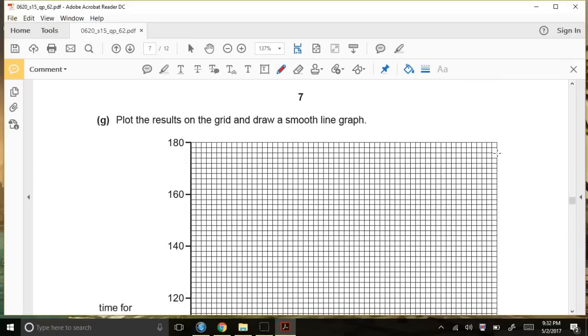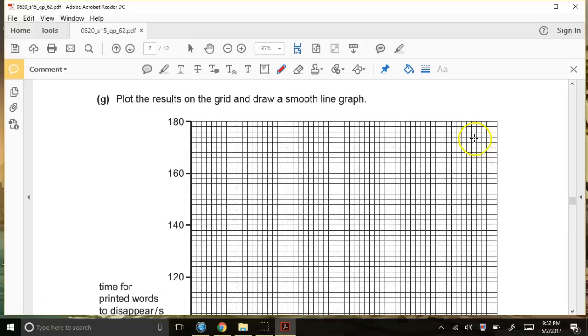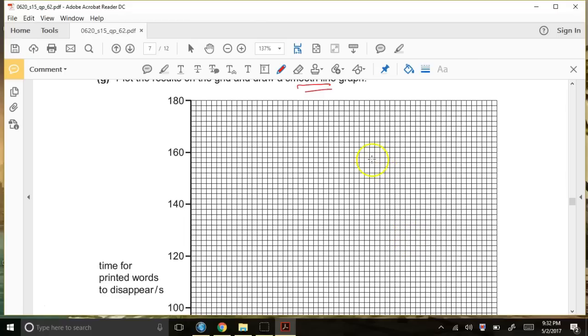Okay, plot the results on the grid and draw a smooth line graph. Please be careful when they say smooth line graph, absolutely no pencil, no scale, sorry, has to be used. It must be freehand. Well, I'll wait for a while, why don't you try to plot the whole graph quickly, and then we can take the question from there. Hoping that you might have drawn the graph.